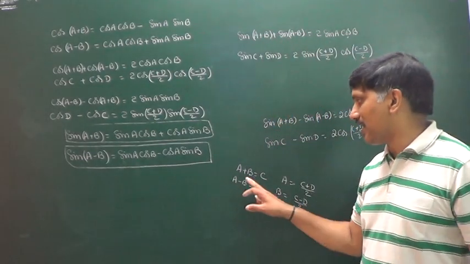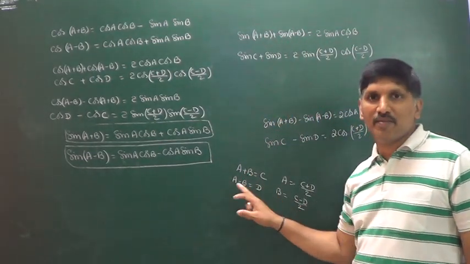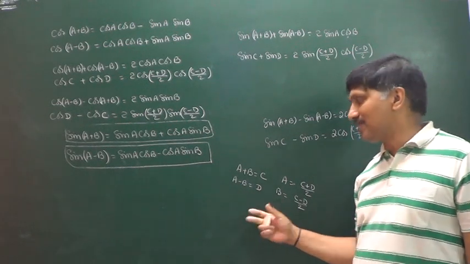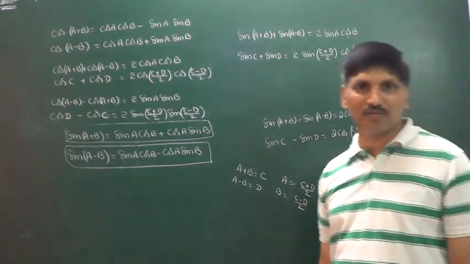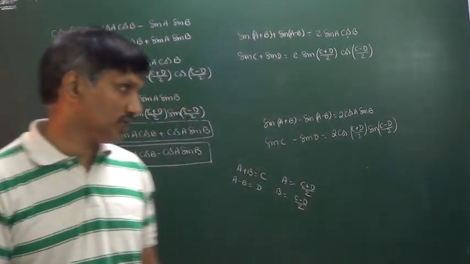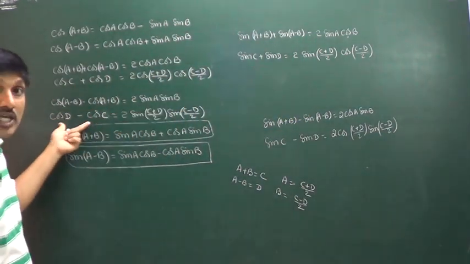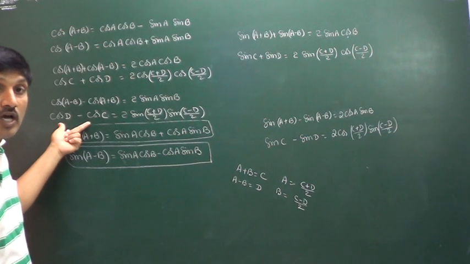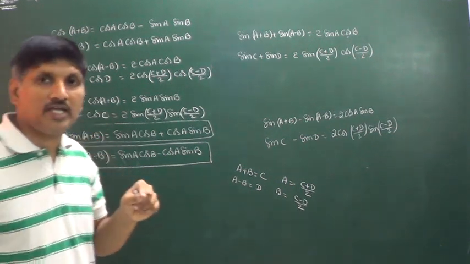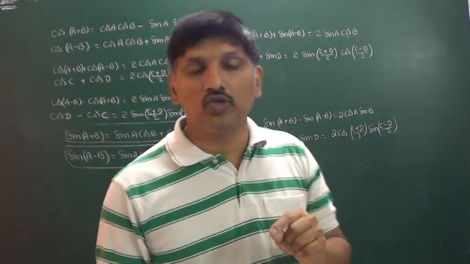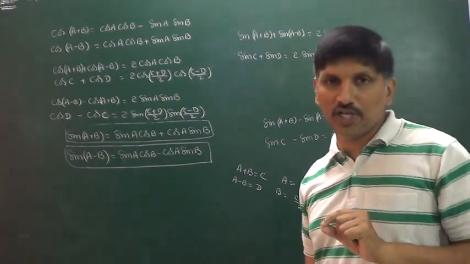Next what we did, A+B is equal to C, A-B is equal to D. Then we got another set of 4 formulas, right? So that is the way cos C + cos D formula. Cos C - cos D formula is minus 2 sin((C+D)/2) sin((C-D)/2).